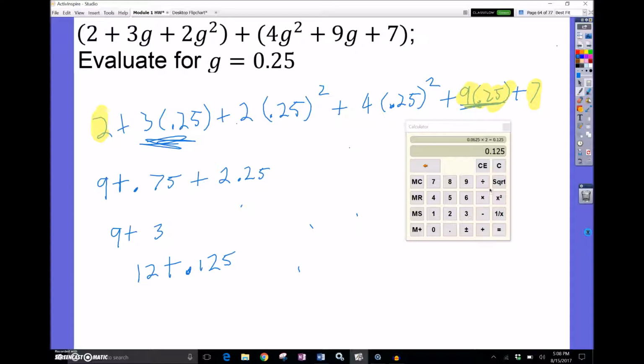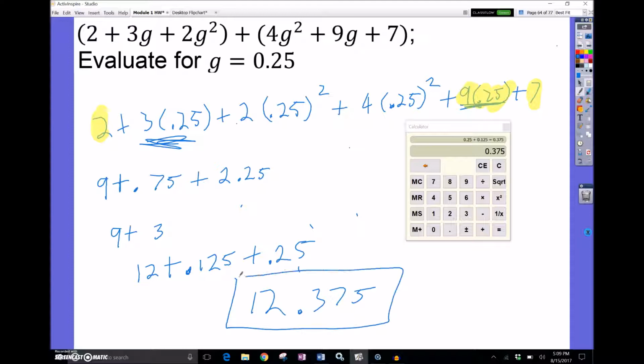Now same idea. Let's go ahead and do 0.25 to the second power times 4. That would give me 25/100ths. And now when I add all those up, I'm going to be left with 12 and 375 thousandths as my final answer.